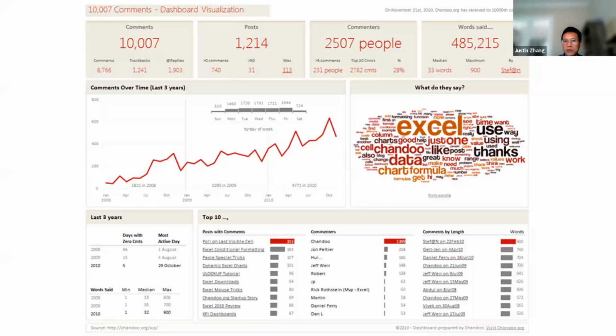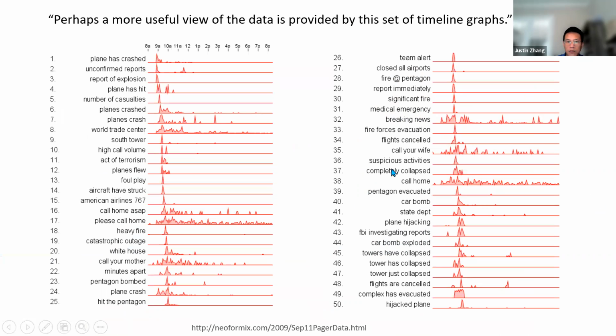So here is a good example of embedding the word cloud in the dashboard. This one is from, I have trouble playing this video, but it's from 9/11.